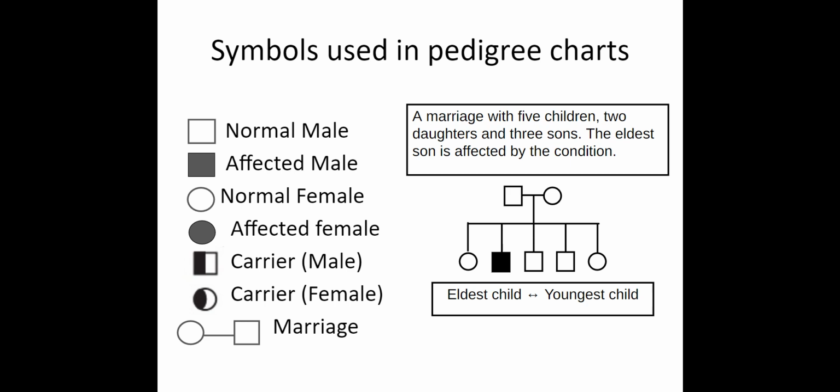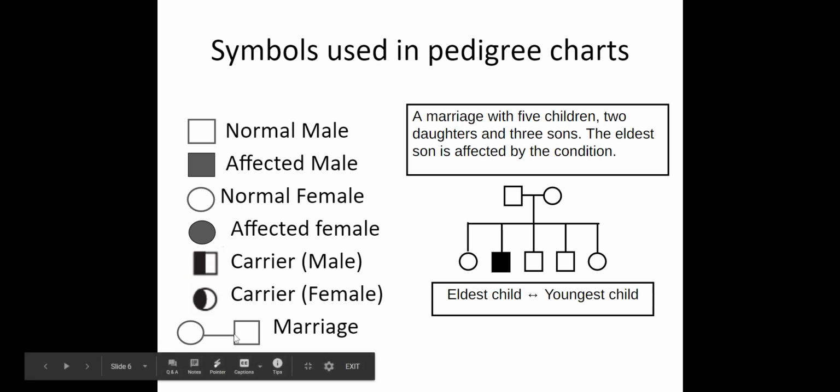Now, just like in the family tree we looked at, spouses, people who are married and have a child, are listed next to each other, and the children are listed below. So anytime you see a horizontal line, that means they are married. Here we have a husband and a wife.